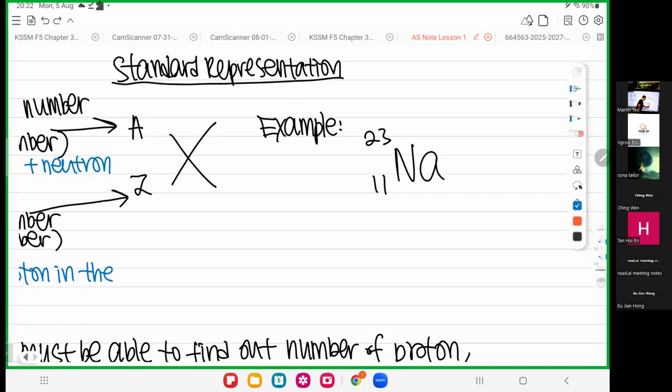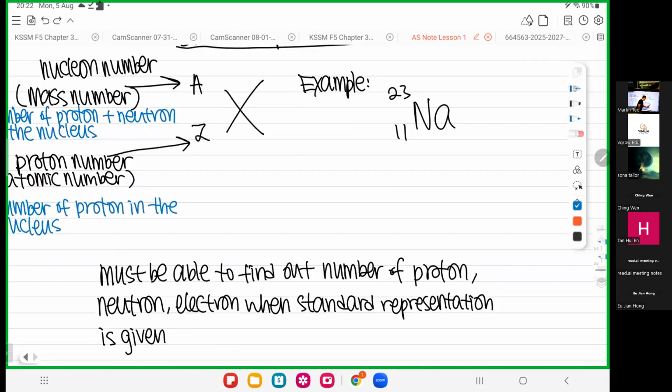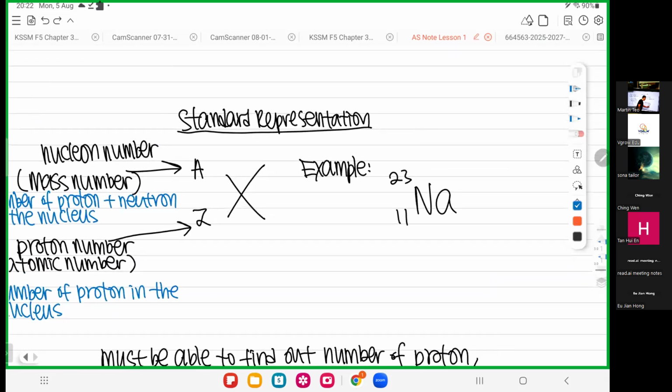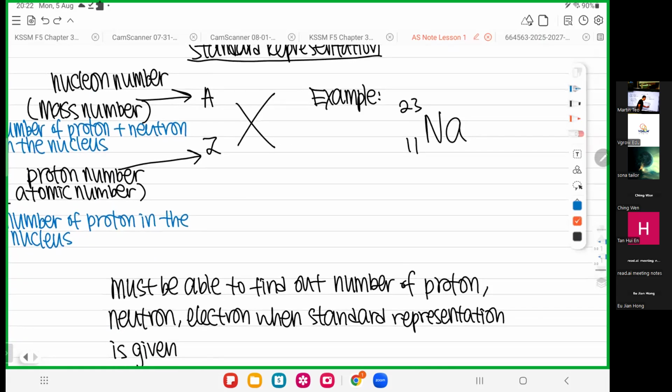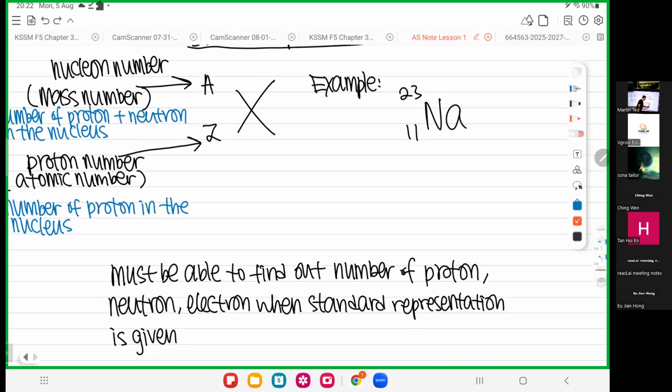Not very hard. So when they give you a standard representation, we are always able to extract three pieces of information. What is it? We are able to find the number of protons, the number of neutrons, and the number of electrons.